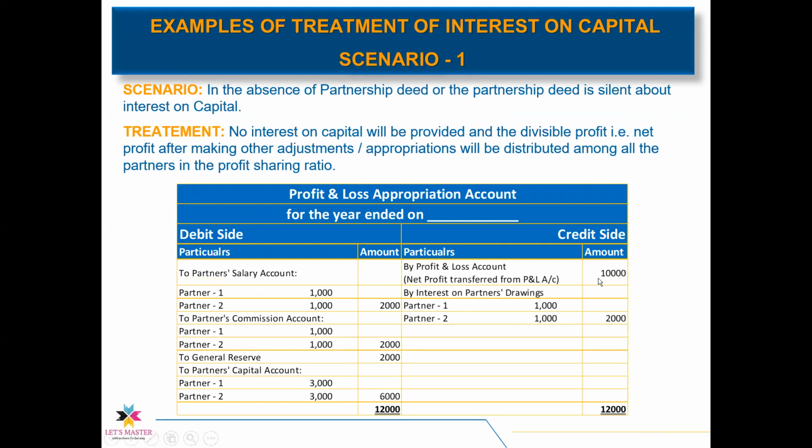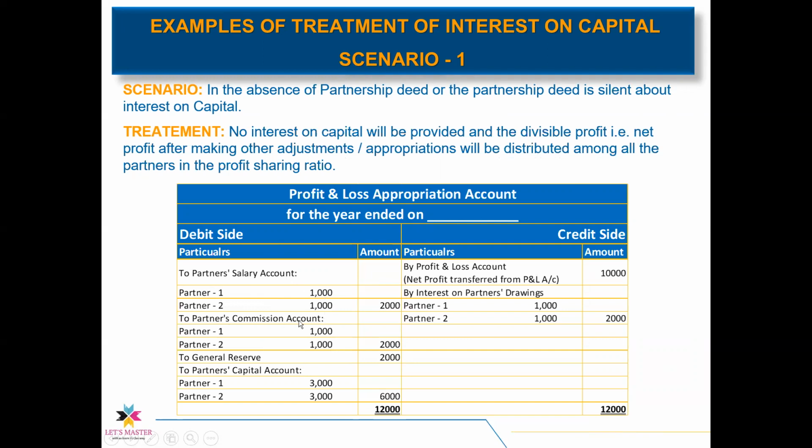Here, this is our net profit transferred from profit and loss account. Then interest on partners' drawings, which is 2,000. So the total divisible profit on the credit side is 12,000. Then there was a provision that partners will be eligible to get salary, 1,000 each.